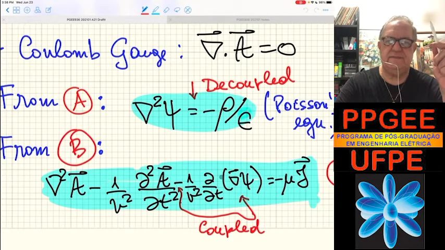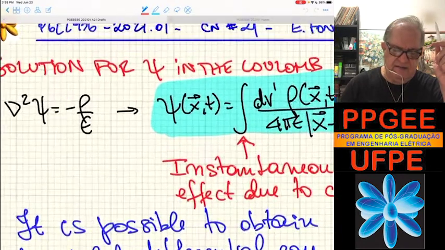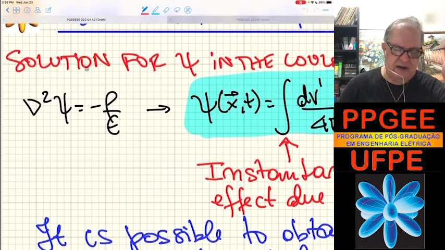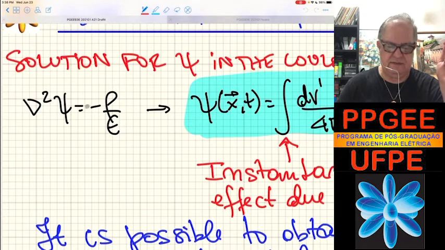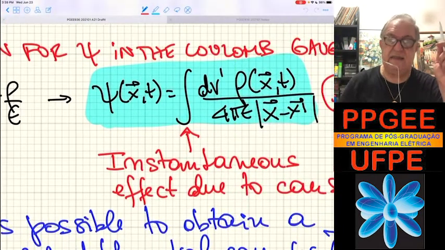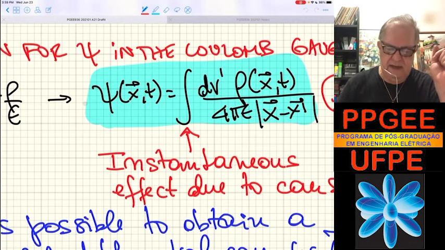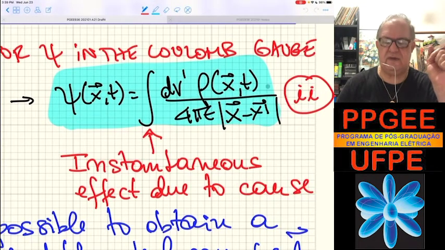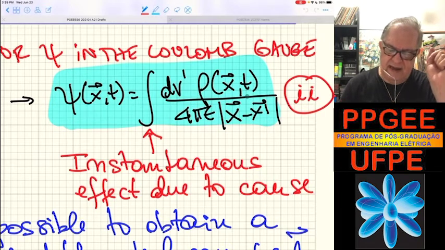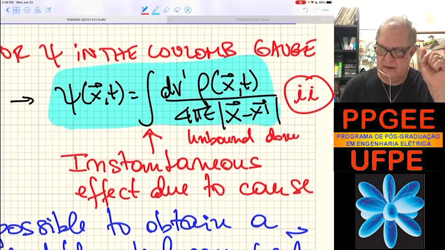Let's take a look. Well, as I mentioned before, if I have an equation governed by this differential equation, we have already showed that, independent of whether the charge density depends on time or not, the solution is this solution here, that integral solution of Poisson's equation. This is valid for unbound domain. Why?